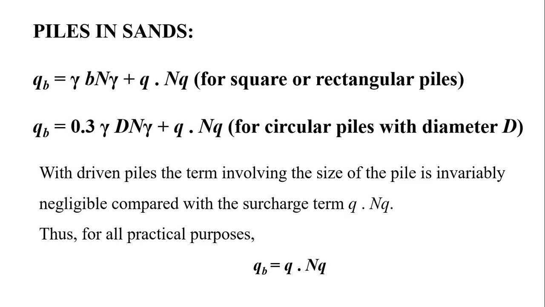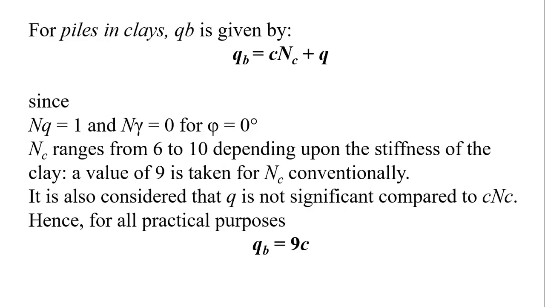If it is a circular foundation, 0.3 gamma B N_gamma plus qN_q. For driven piles, we can neglect the first term, and for all practical purposes the ultimate bearing capacity is q into N_q.